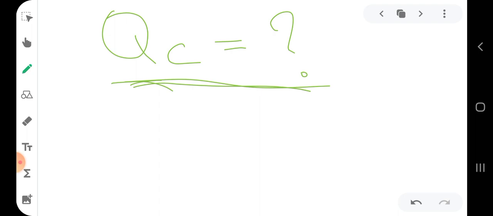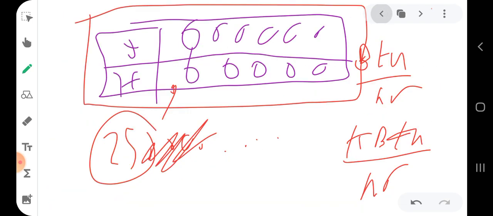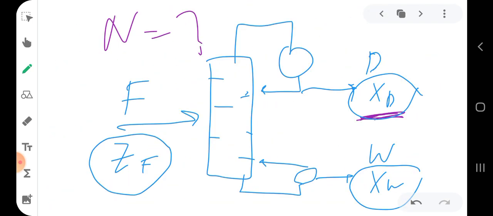That's why we are able to determine the condenser duty. So see here, there's a condenser, right? And it is removing heat. So this heat is QC, Q condenser. So how to determine this QC? We need to use energy balance.